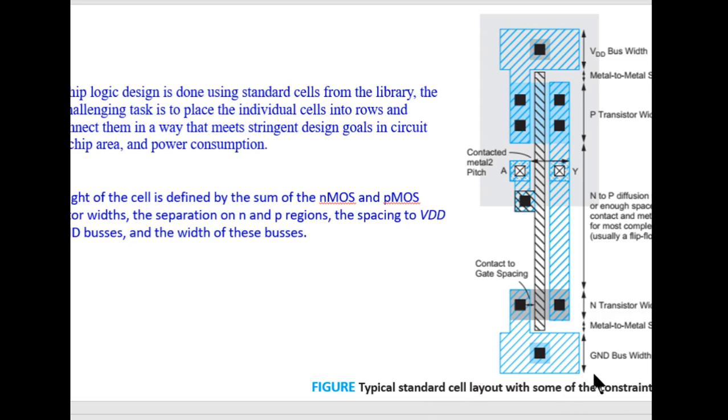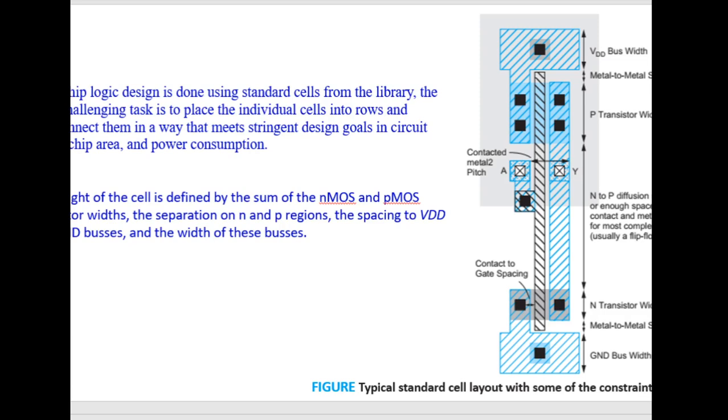what is a cell in that Y chart or Gajski chart? A cell may be representing a particular small component.